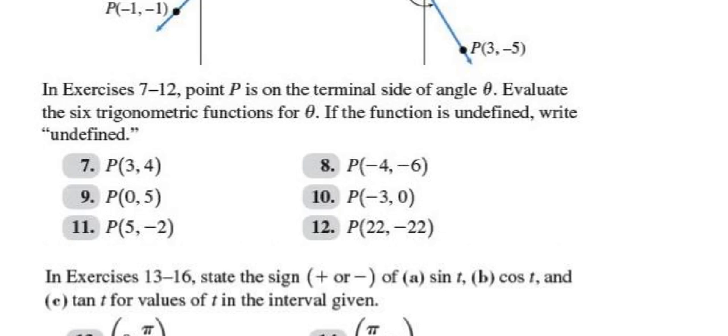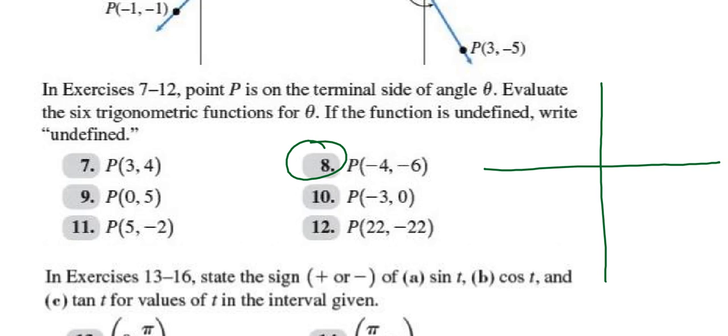Okay, so which quadrant am I going to be in? -4, -6. That's quadrant 3, right? So -4, -6. Always draw the triangle to the closest side of the x-axis, as I have told you over and over again. So this side must be called -4, and this side must be called -6.